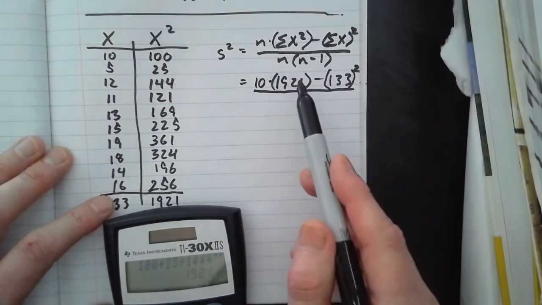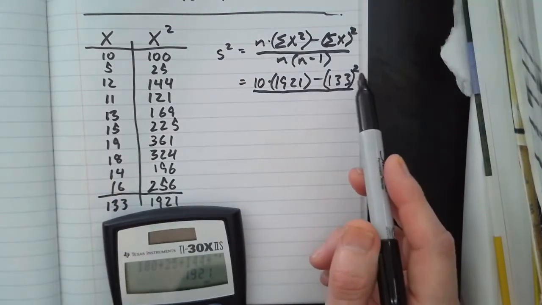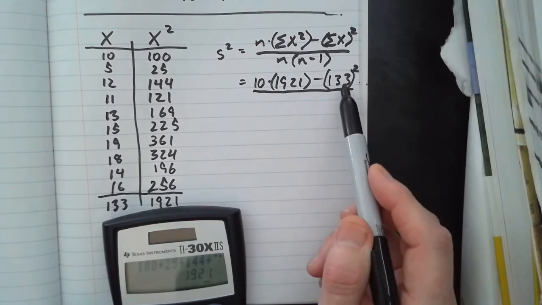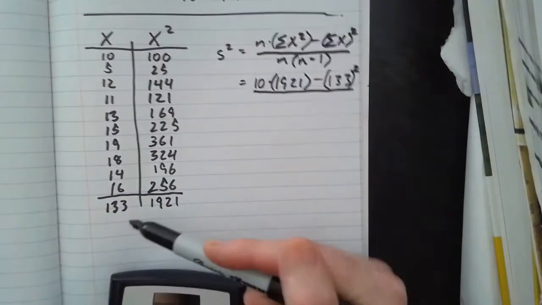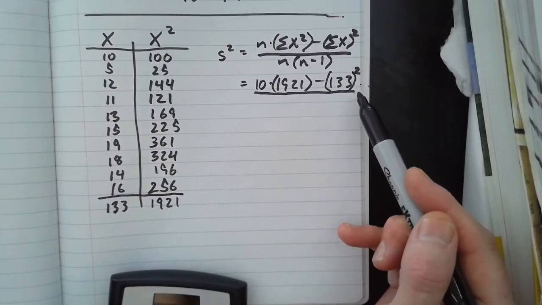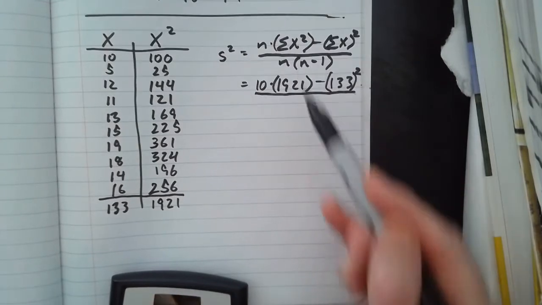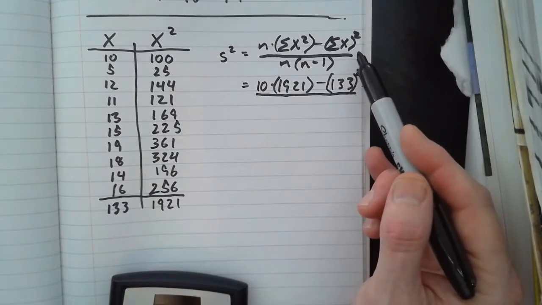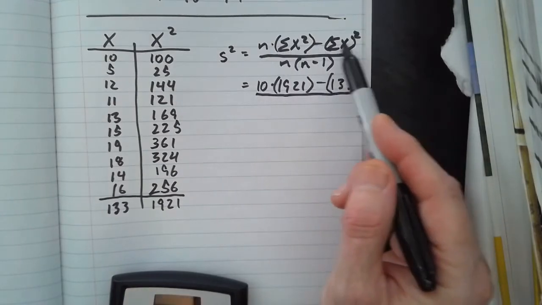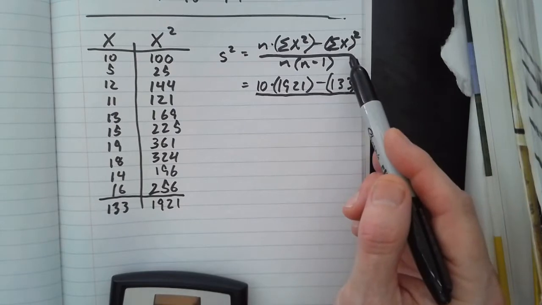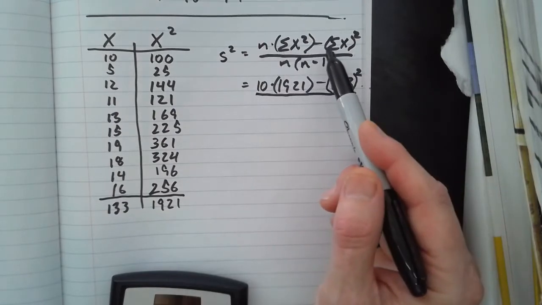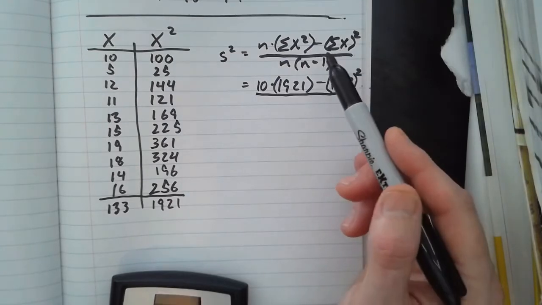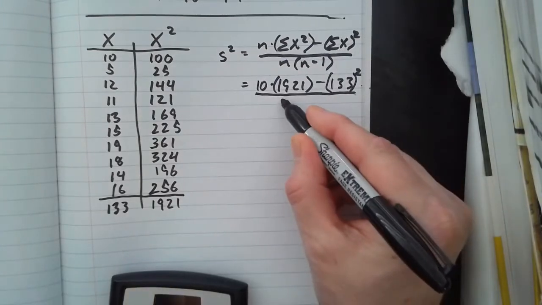One thing that I see a lot of the time is this: people sum it up and then square it and put that in here, and then they sum it up and they square it and they do it again. So this number is going to be astronomically huge, or for some reason people will get zero a lot of the time. Just make sure that you're not doing that.